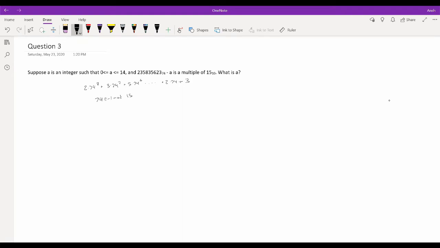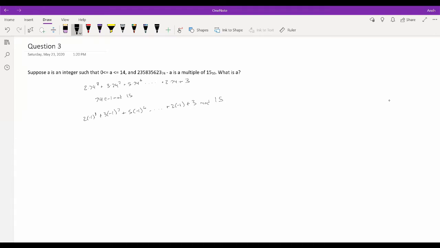So what this gives us is that this would be equivalent to 2 times -1 to the 8th, plus 3 times -1 to the 7th, plus 5 times -1 to the 6th, all the way down to 2 times -1 plus 3. And this just means that we'll be adding and subtracting alternating terms.